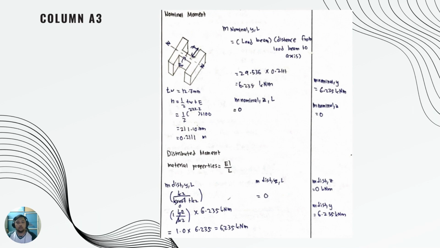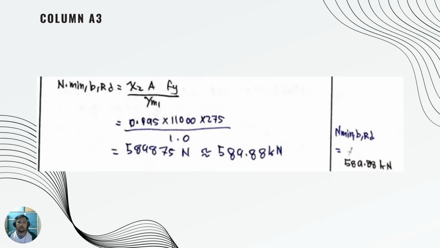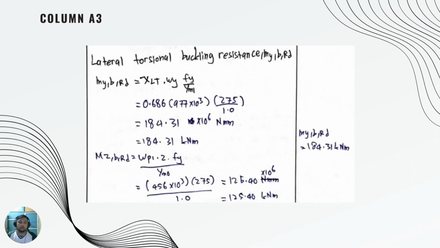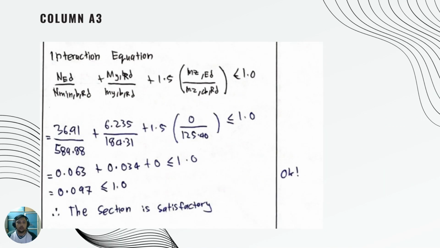The calculated moment about the z-axis is 0 kNm, and the moment about the y-axis is 6.235 kNm. The buckling resistance NbRd for this column is 589.88 kN. The lateral torsional buckling resistance for this column is 184.31 kN per meter.